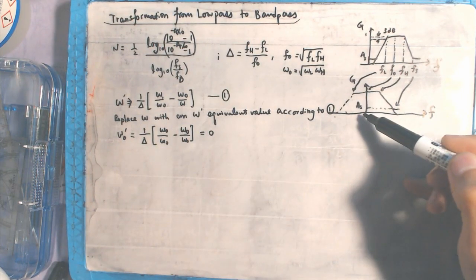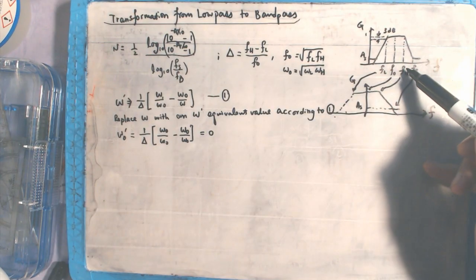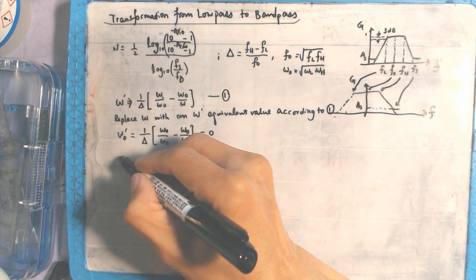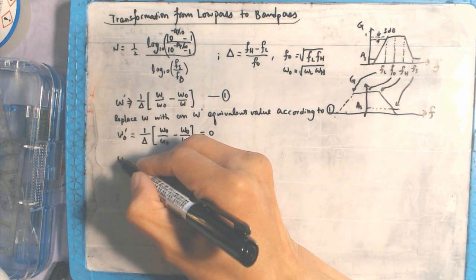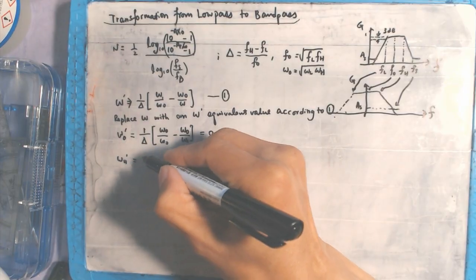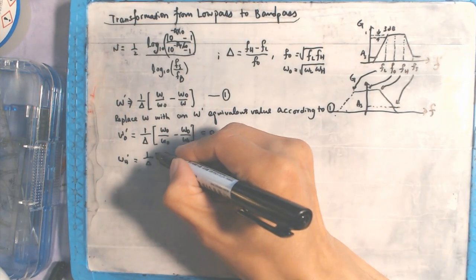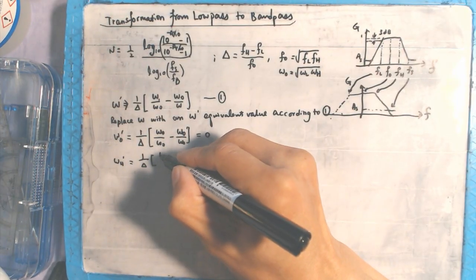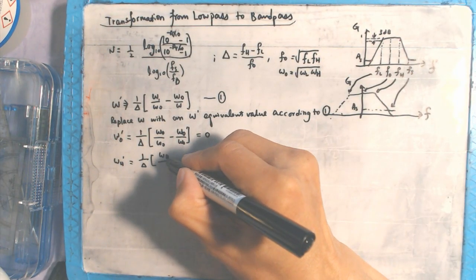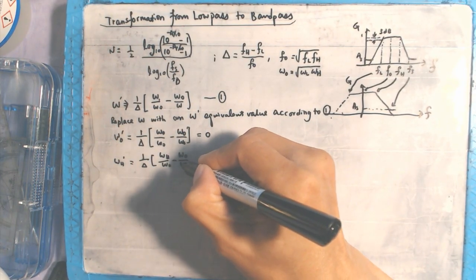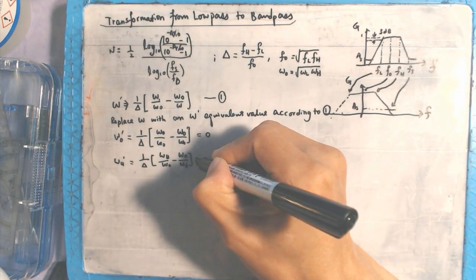Now let's try FH, the upper corner frequency. So you get this, I will call this omega H prime. So we are going to do the same, and then omega H minus omega L, and then omega naught over omega H. So let's check what we are going to get.